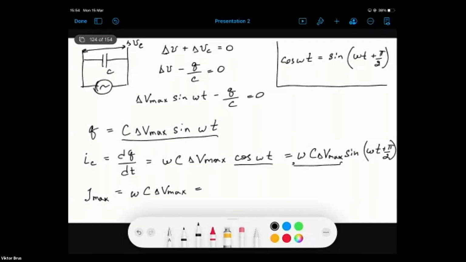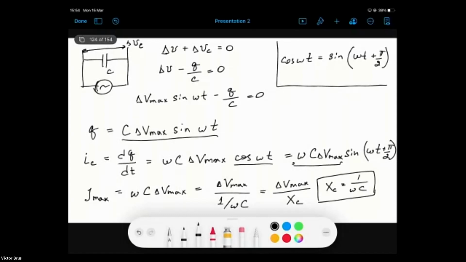This can be rewritten in a different form. It will be delta V maximum divided by 1 over omega C. And this is equal to delta V maximum divided by XC, where XC is equal to 1 over omega C. And this is the capacitive reactance.